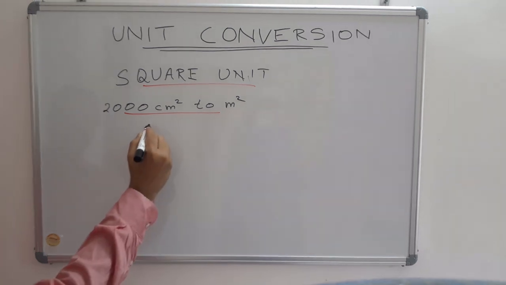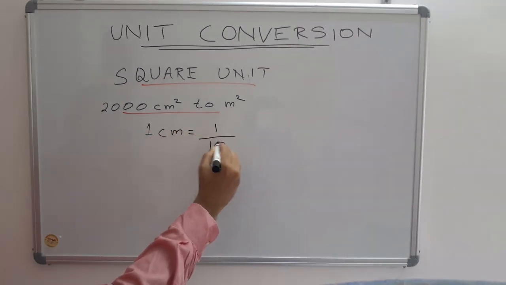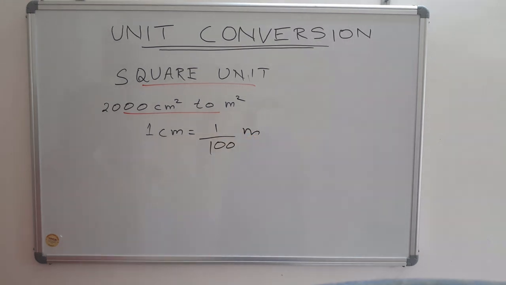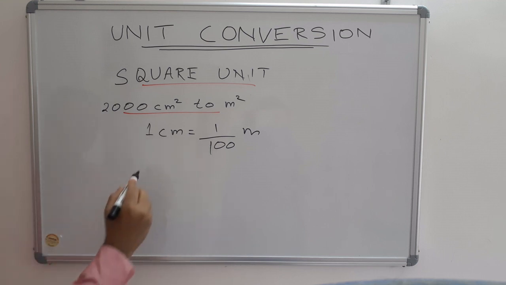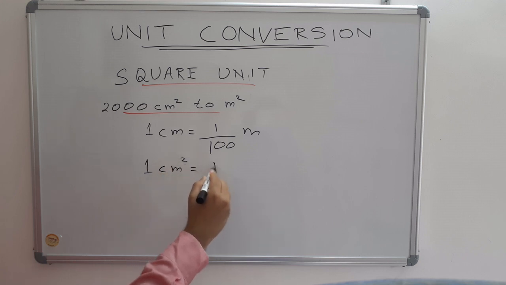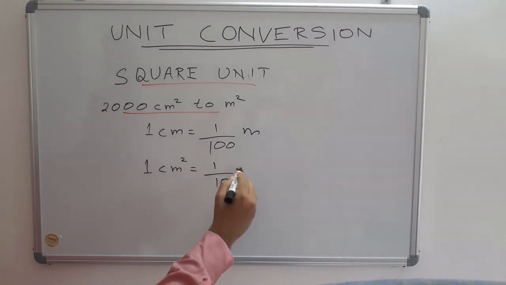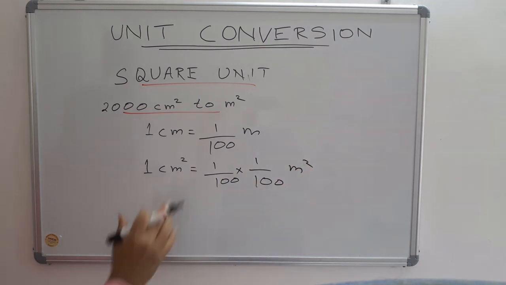As we know that 1 centimeter is equal to 1 by 100 meter. Since it is a square unit, we have to do this conversion factor 2 times. That is, to get 1 centimeter square, we need to do it twice. So this is the conversion factor for the square unit.